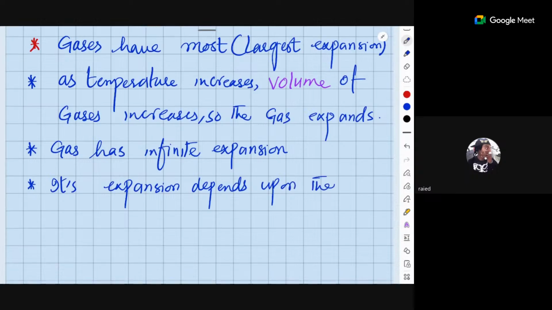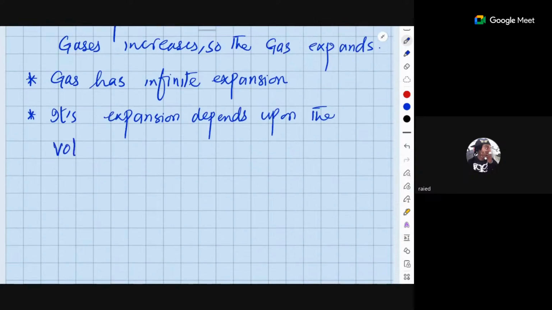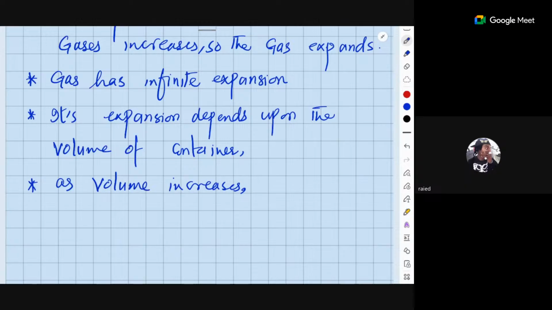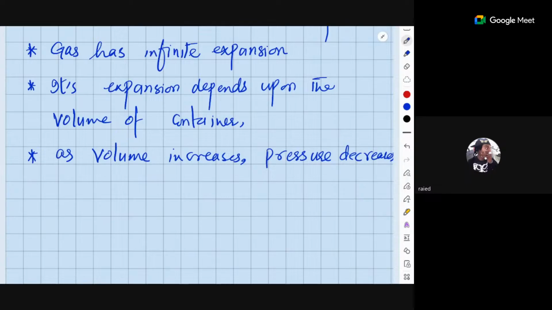The volume of the container. Okay. So volume of container. As volume increases, the pressure decreases. Do you agree with all these points which I have actually discussed before?